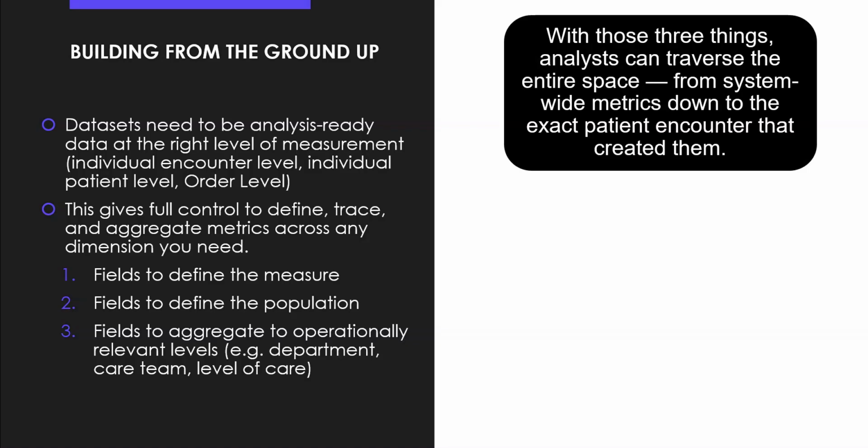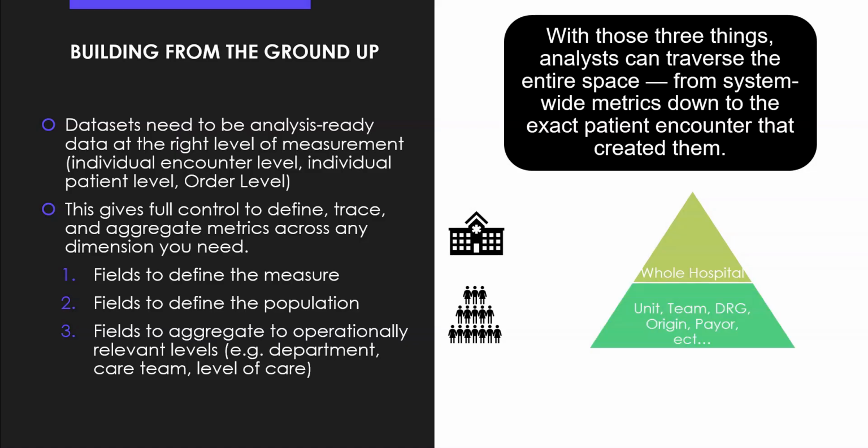If they have those three things, this is what it enables. It enables analysts to traverse the entire space from the entire system-wide metric, like what is total length of stay for our hospital, down to the exact patient encounter that created them. So you've got the ability to give this answer for the whole institution, scoped appropriately because of number 2 in our list.